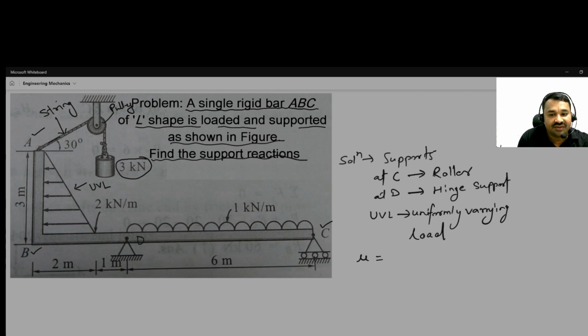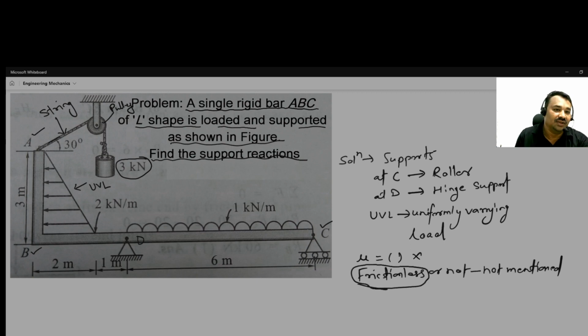It is also not given. So whether it is frictionless or not is not mentioned. In this case definitely you have to assume the frictionless surface of the pulley.